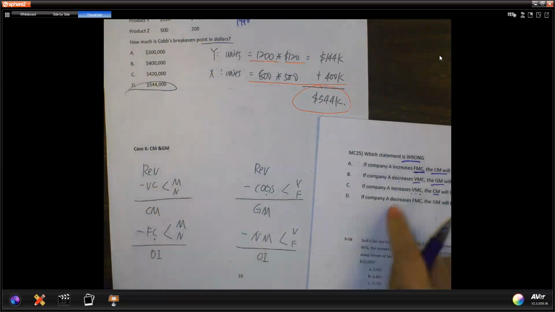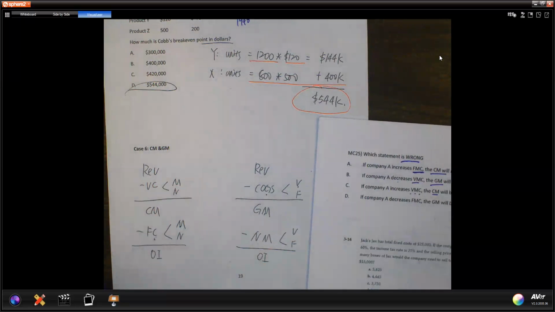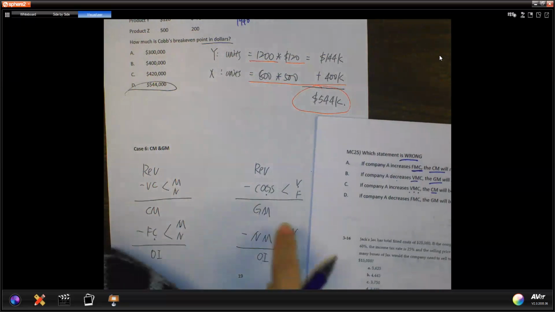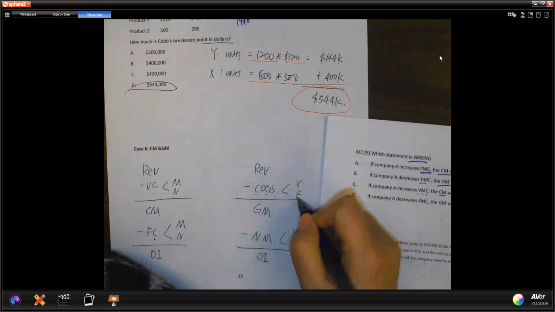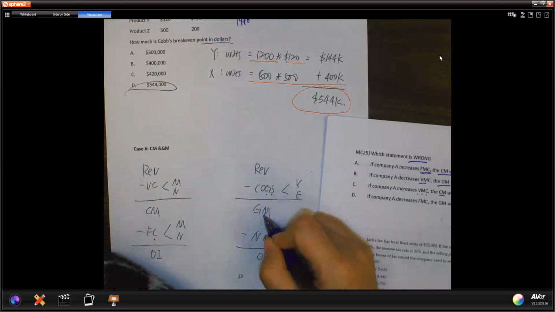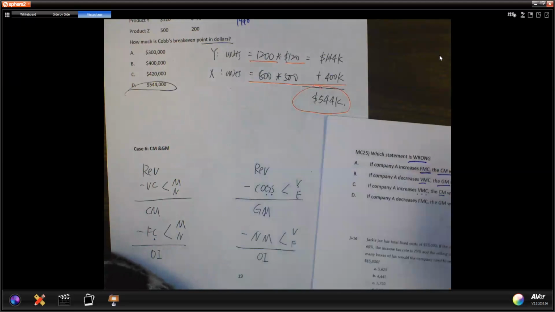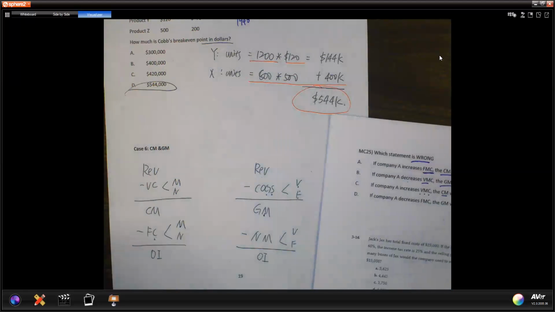This is right. If you decrease fixed manufacturing cost, gross margin will increase. That's right. So only B is wrong. That is the reason.